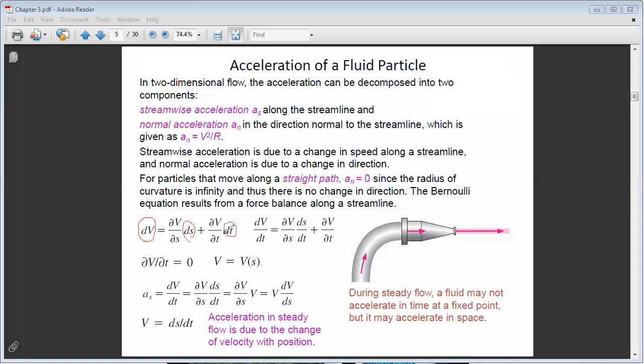This is called the total derivative, and del is the partial derivative.